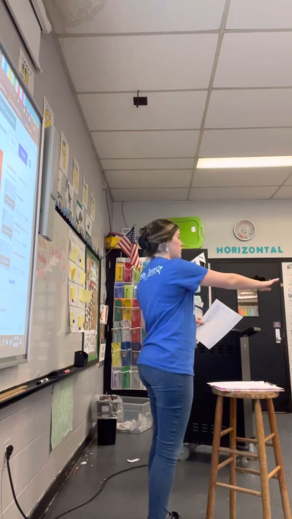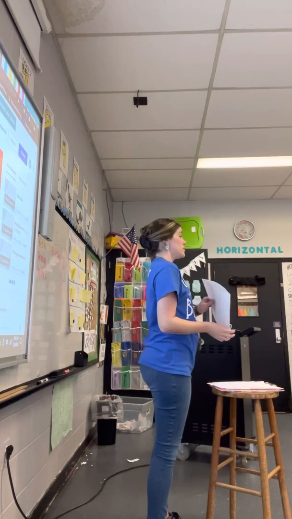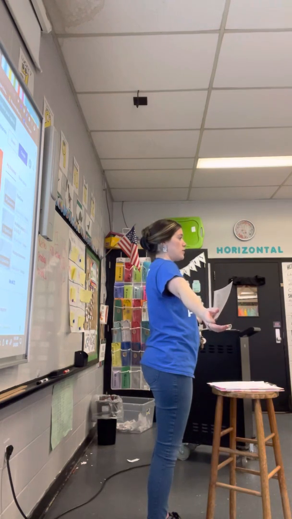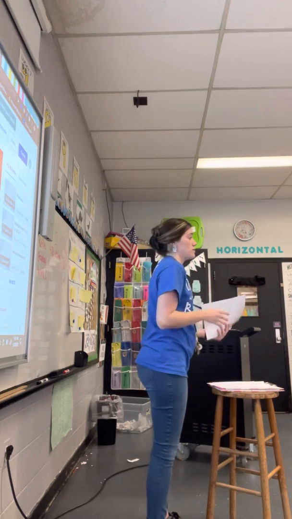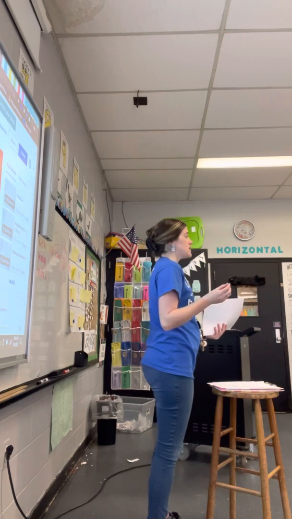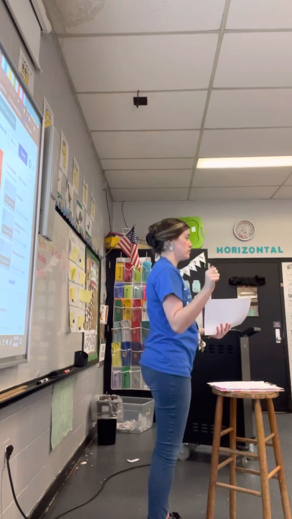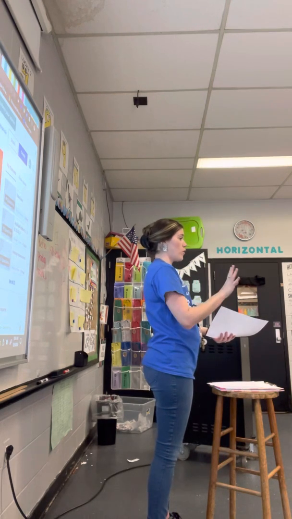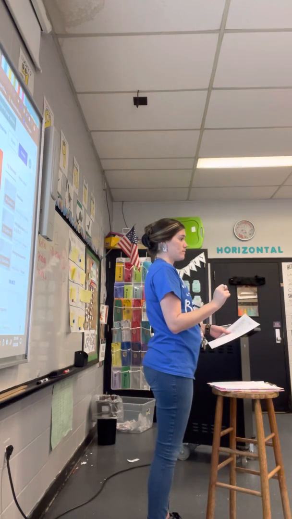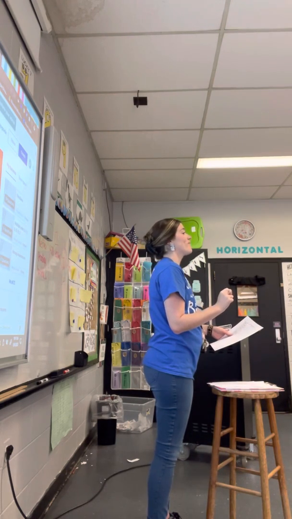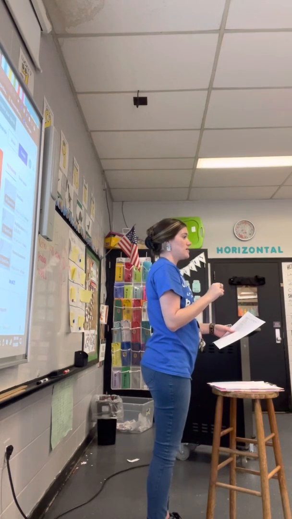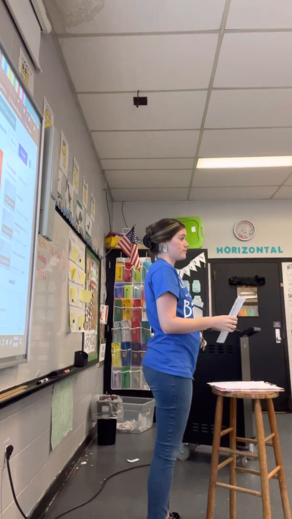You are allowed to pick whatever fraction you want to use. So let's say you pick a rectangle and you decide to divide it into fourths. Okay? I just need to see your unit fraction labeled. Okay? So what would your unit fraction be for a rectangle divided into fourths, Ethan? Okay, I saw the 1. What would the denominator be? It's divided into fourths. 1/4.